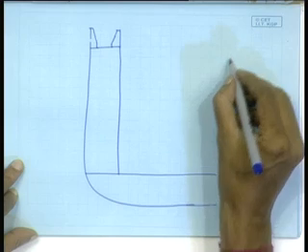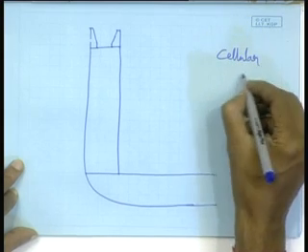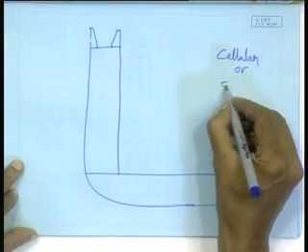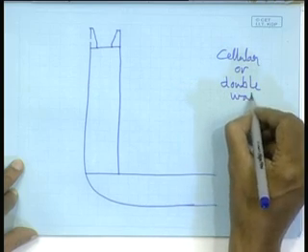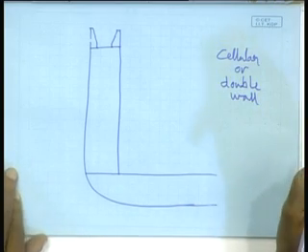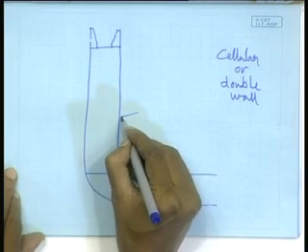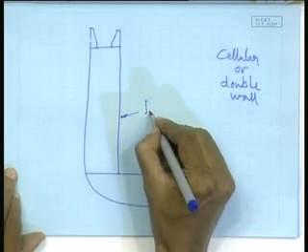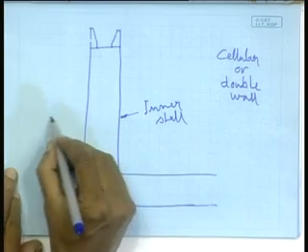This is referred to as cellular construction or double wall construction, not double hull, double wall. So, this is my inner shell, this is my outer shell.